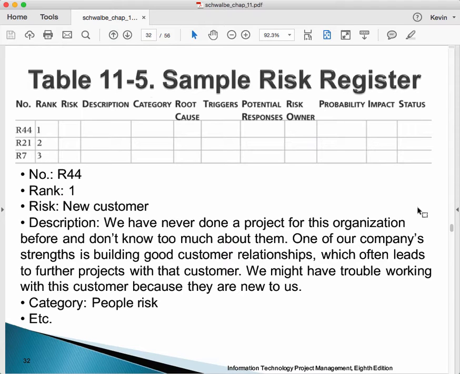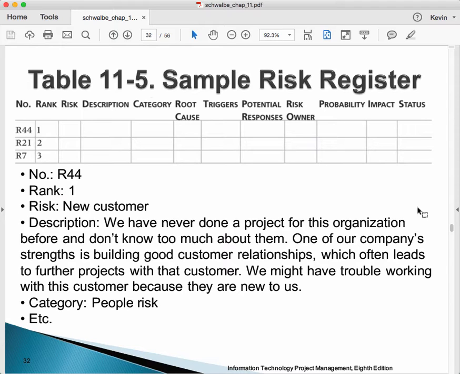It sometimes helps to categorize them to make sure that we've got good coverage. Root cause: what really drives this risk? Triggers. These are risk events. How could we know that this risk is about to come down upon us because some kind of trigger event has happened? Potential responses. We haven't talked about risk response planning, but we will in a minute.